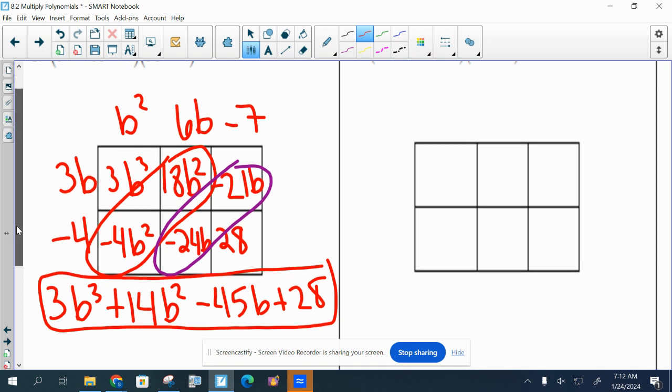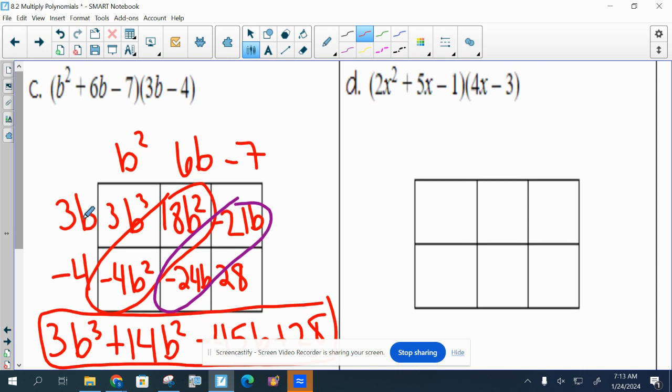All right. And then finally this one, once again, it has a 3-term trinomial and a binomial. So trinomial is going to go on top because it has 3 columns, 5x, negative 1. So we'll set up our boxes. And then this box would be 4x times 2x squared, which is 8x to the third.